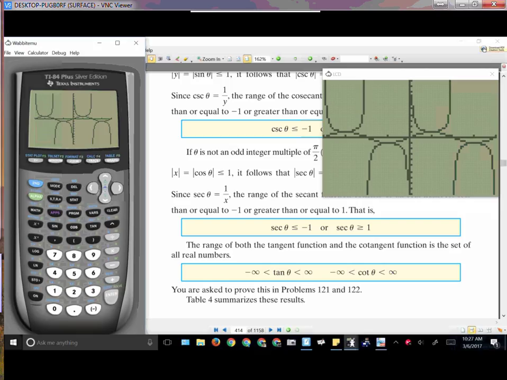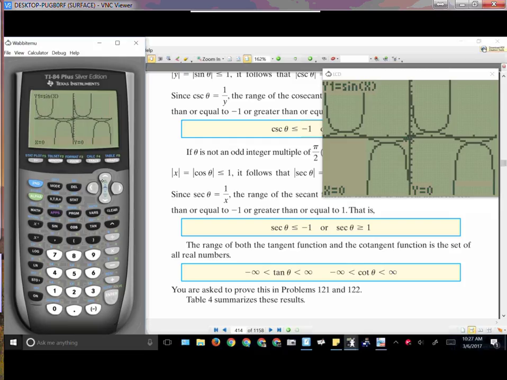Again, we've got this problem if we hit the trace and I go to pi divided by 2. I get this. So I've got it down there. That's great. But as we approach going to the left or to the right, it's going to become undefined. So if I put in 0, I get that.